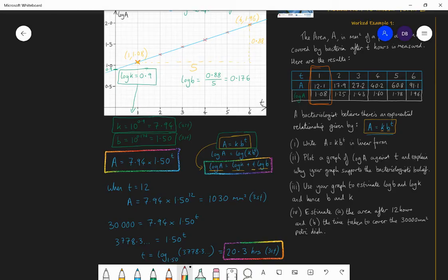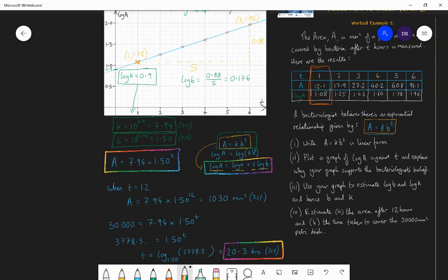If it forms a straight line, then that means the original relationship was exponential. We can then find the gradient of that straight line and the y-intercept of that straight line, and those values will help us find the constants in our exponential relationship. And we can then use our new function, our new formula, to predict future values.